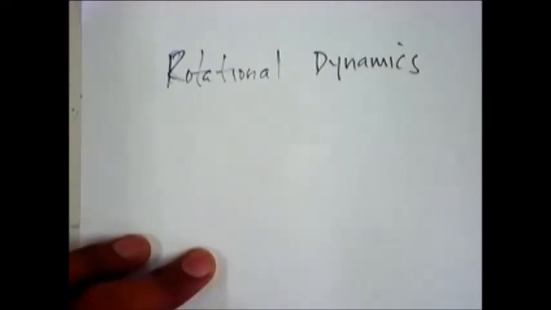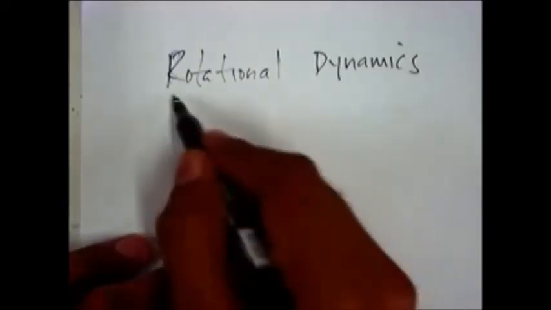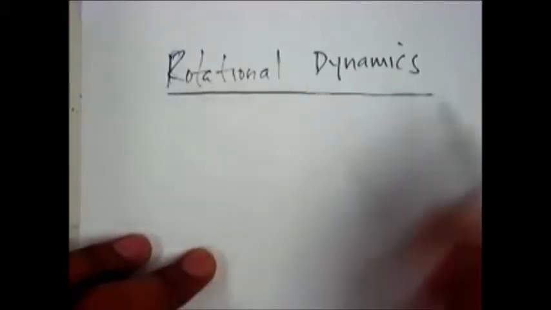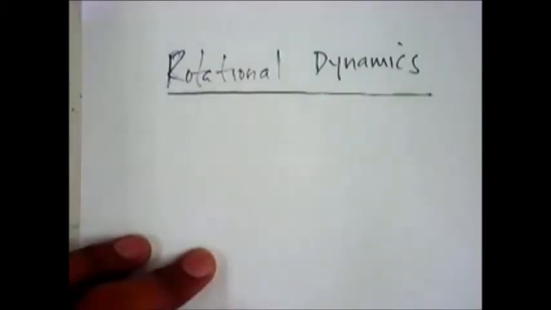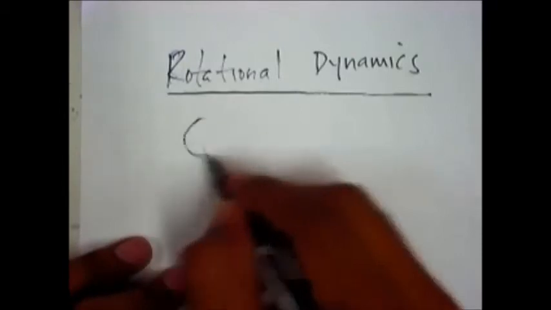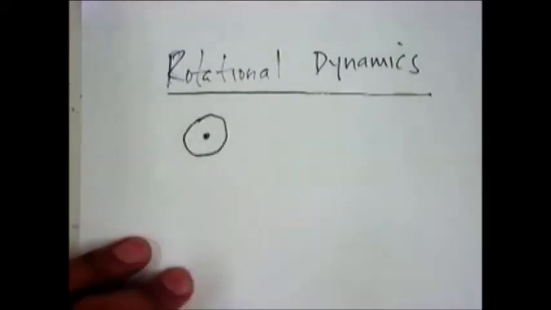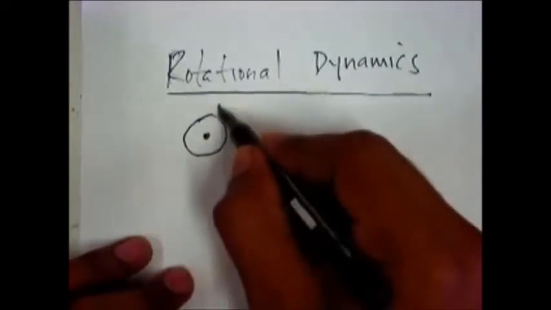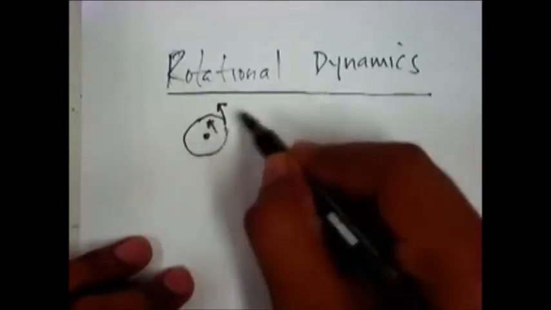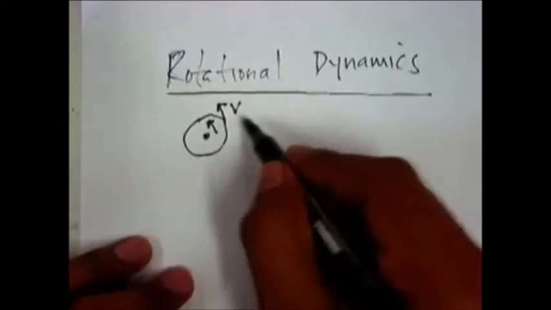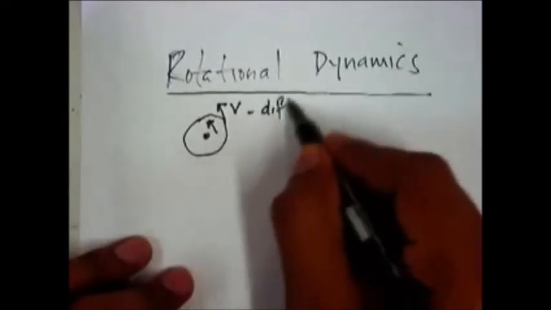And the reason we need to use the rotational values is because if you have a circle, suppose this is a DVD disc and it's turning around, if you find the velocity here and you find the velocity here, the linear velocity, it will be different.